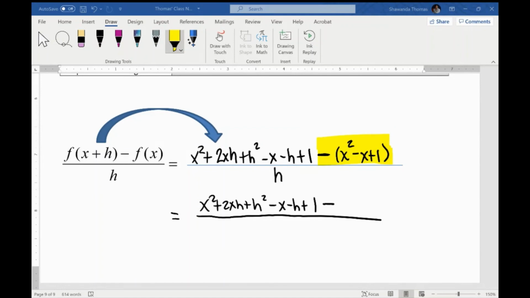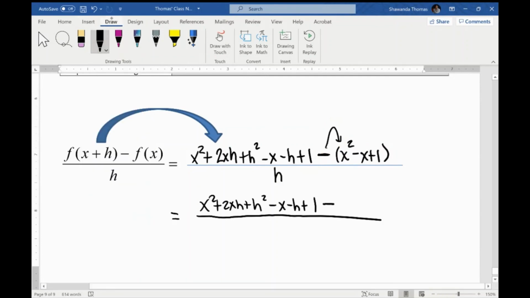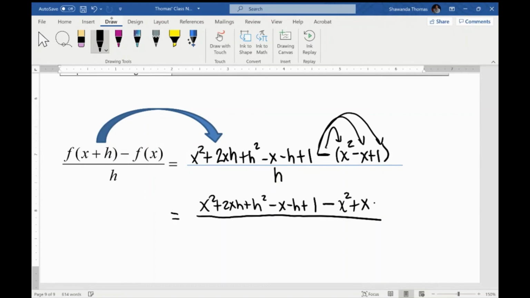Marianne. Yep, because we are distributing. Got my highlighter going here. We are distributing this minus 1 through this parenthesis. So it would be minus x squared plus x minus 1 now.